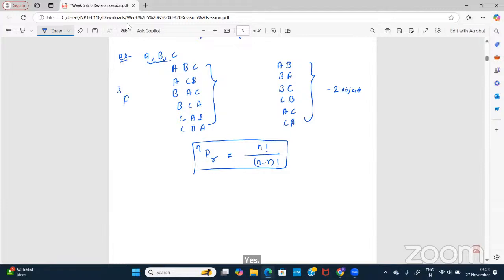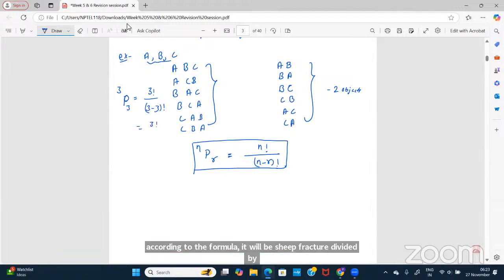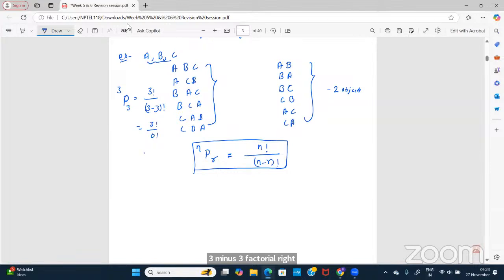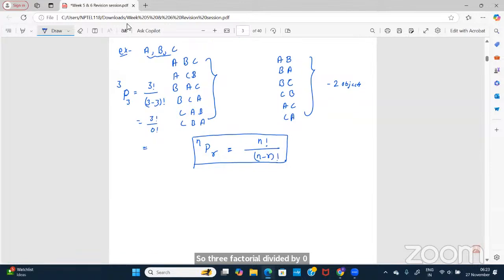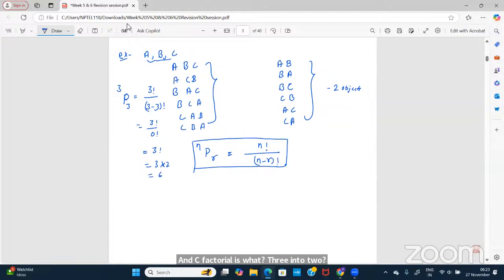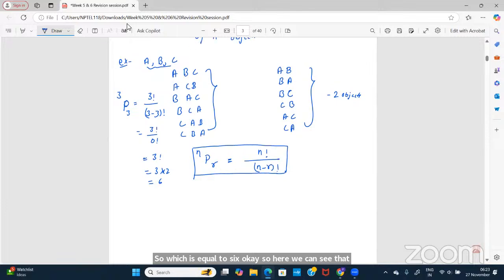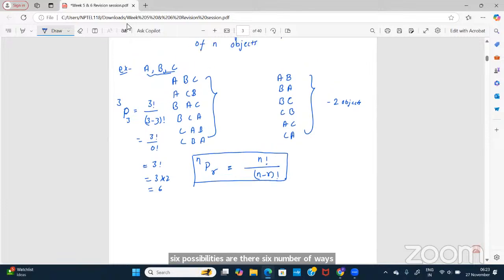Okay. So in the first case, you can see that three objects are there, out of which we are selecting three objects, all the three. So according to the formula, it will be 3 factorial divided by 3 minus 3 factorial, right? So 3 factorial divided by 0 factorial. And we know 0 factorial is equal to 1, right? And 3 factorial is what? 3 into 2 into 1, which is equal to 6. Okay, so here we can see that there are 6 ways in which we can arrange these three objects, right?